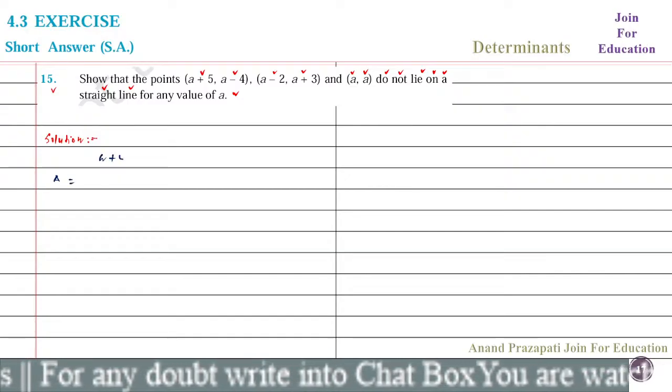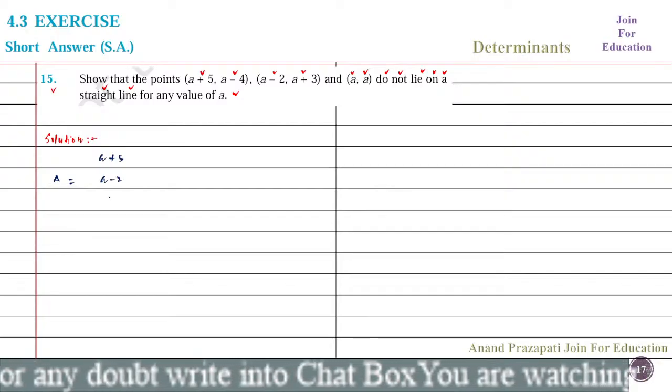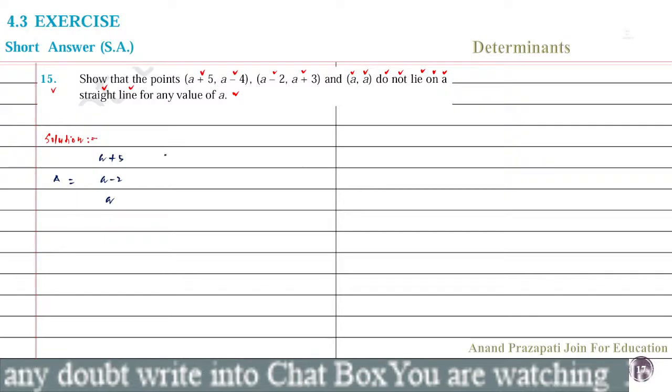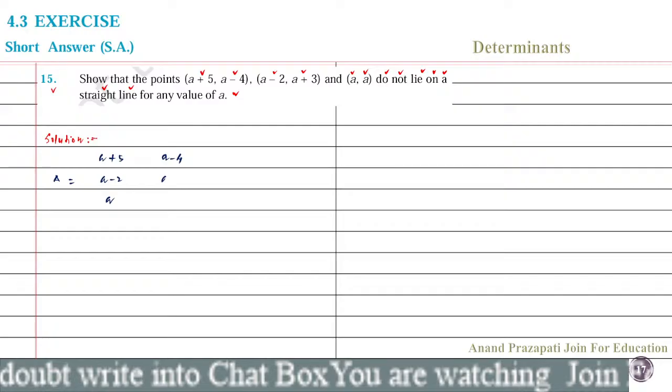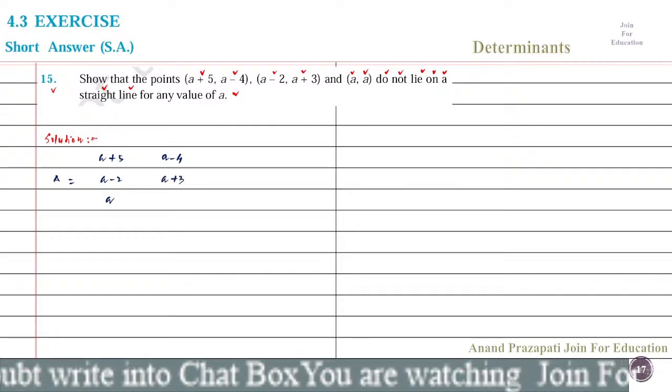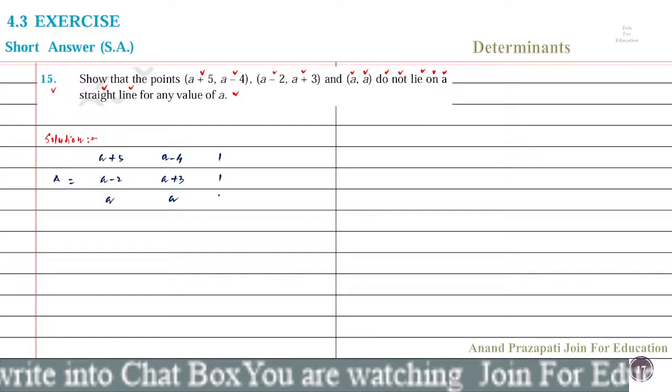A plus 5 and a minus 2, and this is the a, and a minus 4, a plus 3, and this is the a, 1, 1, and this is the 1.